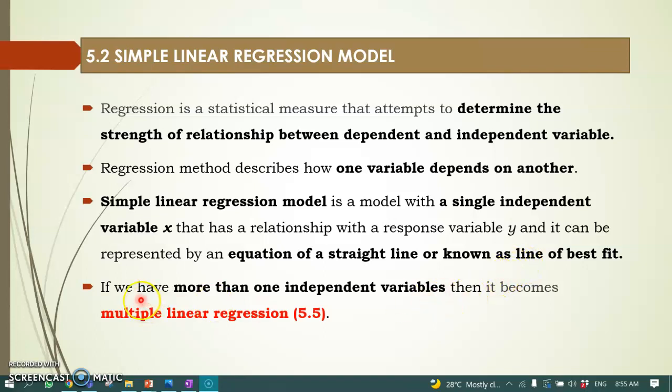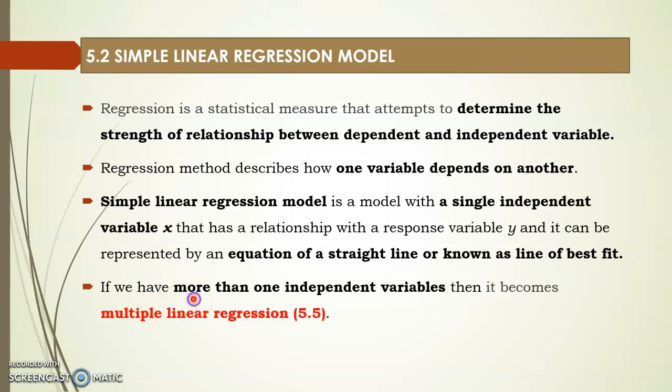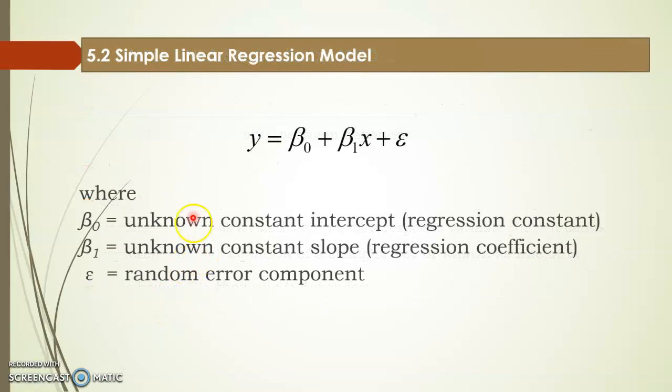Okay. So what is the formula to get the linear equation, the straight line? In statistics, we don't really use y equals mx plus c. The notation that we use in statistics for the equation of a straight line is y equals beta naught plus beta 1 x plus epsilon. This epsilon is the notation for the random error component.